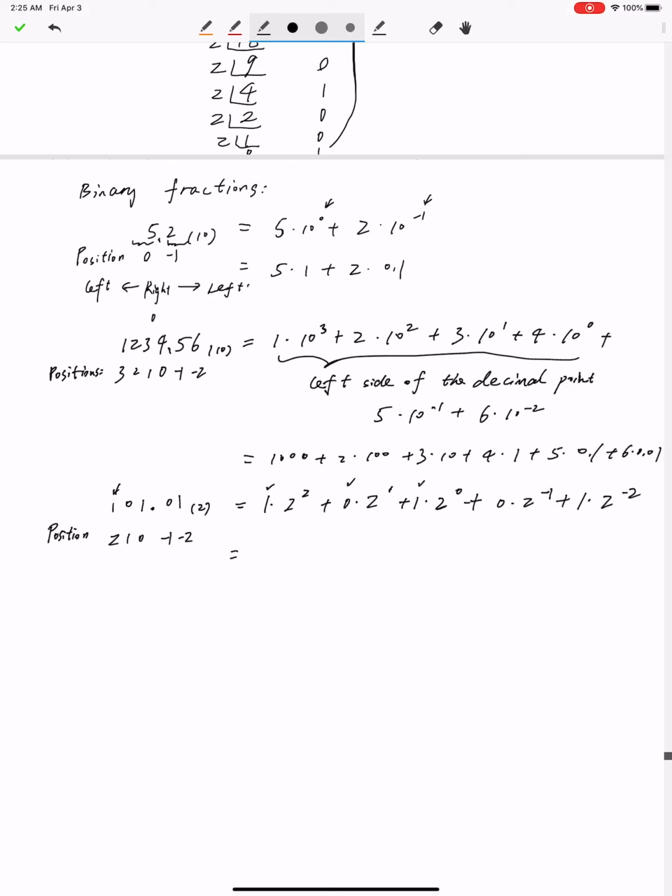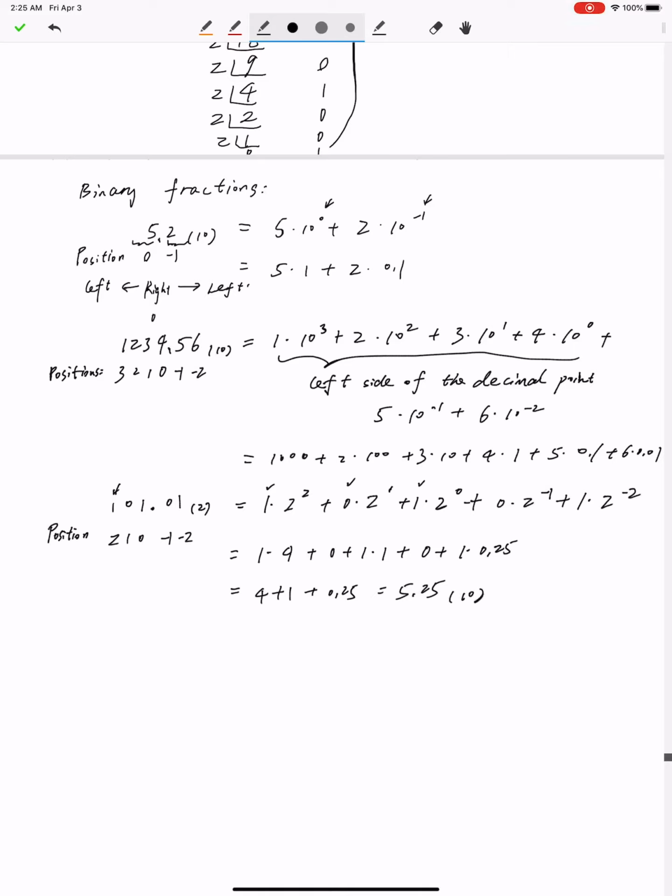And then you can find the decimal representation of this binary number: 1 times 4 plus 0 plus 1 times 1 plus 0 plus 1 times 0.25, right? 2 to the power of -2 is 1/4, which is 0.25. Right, so now we can sum them together. That equals 4 plus 1 plus 0.25, which is 5.25. Okay.